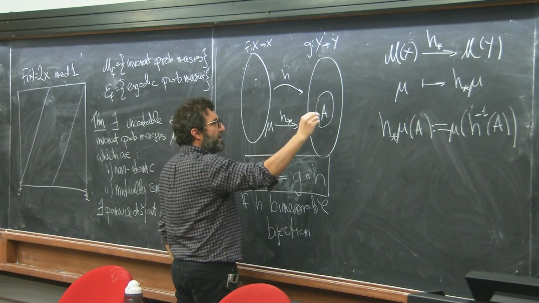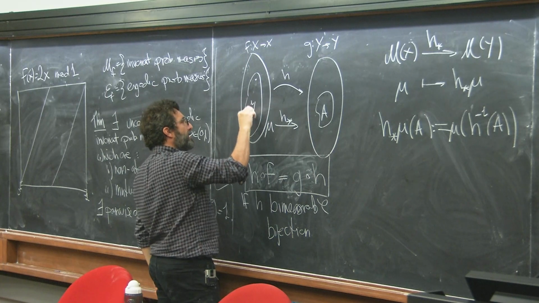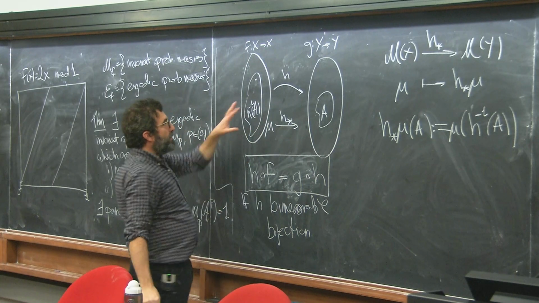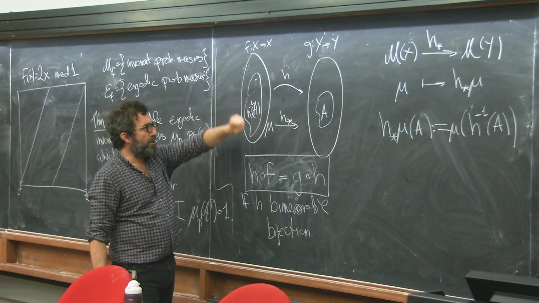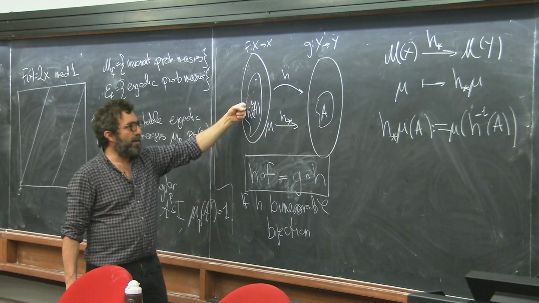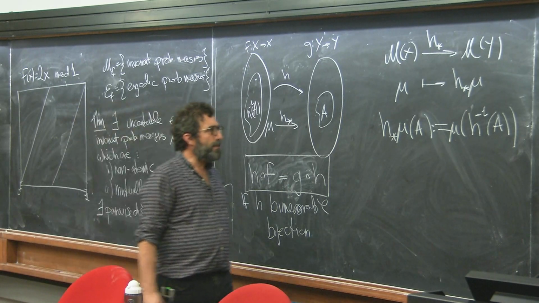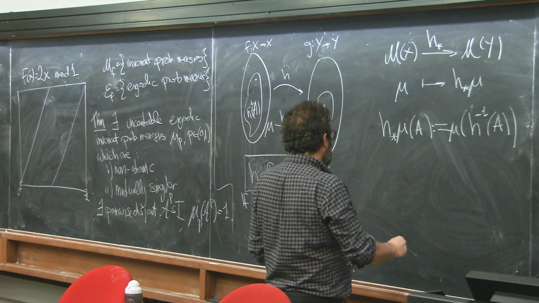So we take the set A, we look here at the pre-image of A, and now here we have the measure mu. We look at this measure, so we define a measure on this space by doing this, right? And then it is easy to see, but it's quite remarkable.